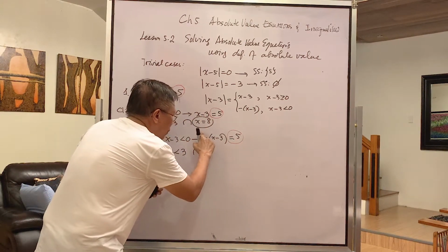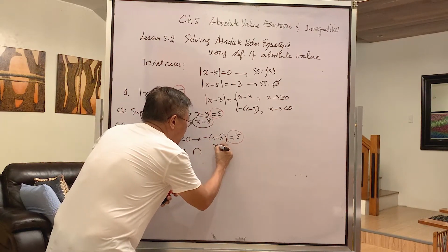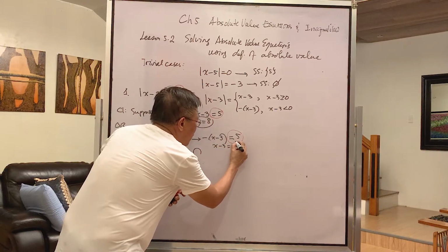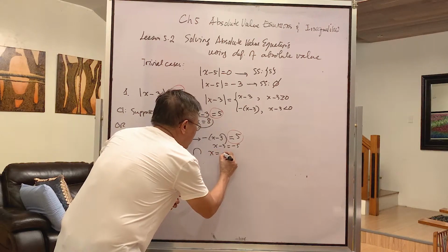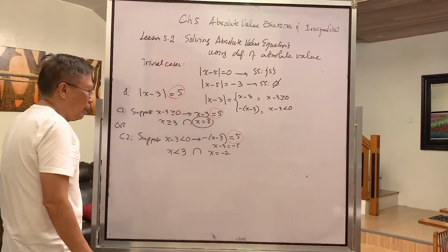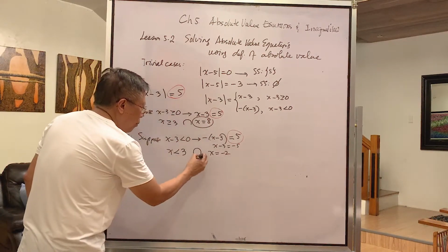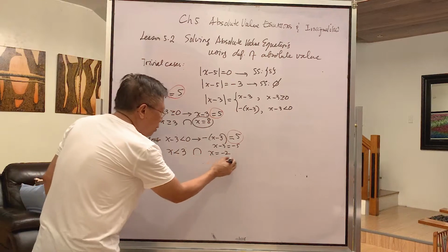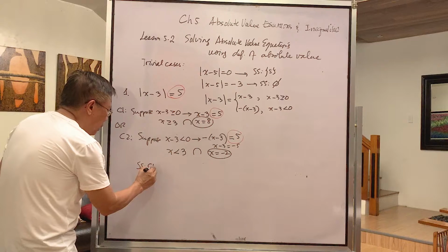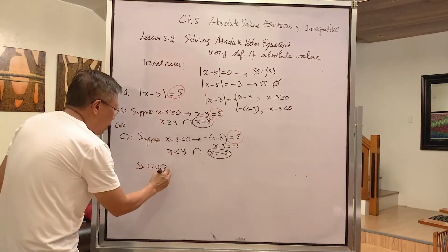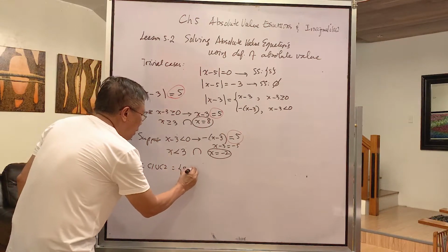I can multiply everything by negative, so the negative transfers here. So I will get x minus 3 equals negative 5, or x equals negative 2. Now, this is going to the left and it will pass through negative 2. So the intersection of this inequality and this equation is this one here. Therefore, your solution will be case 1 union case 2. This gives me 8 or negative 2.